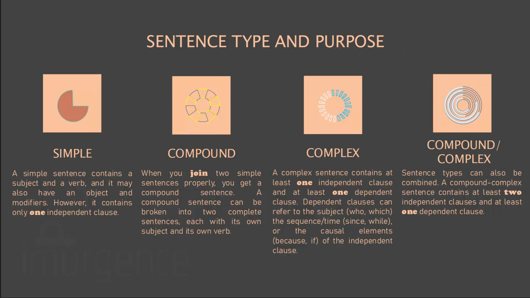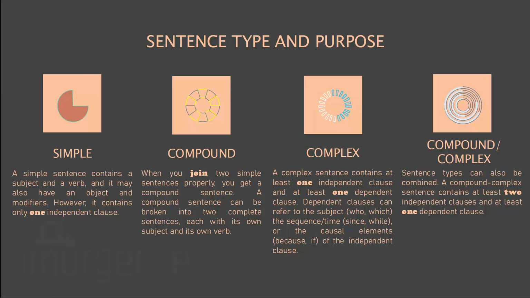Compound-complex sentences. Sentence types can also be combined. A compound-complex sentence contains at least two independent clauses and at least one dependent clause. From the previous types, a compound sentence joins two different sentences using a punctuation or a conjunction, and a complex sentence has a dependent clause and an independent clause.